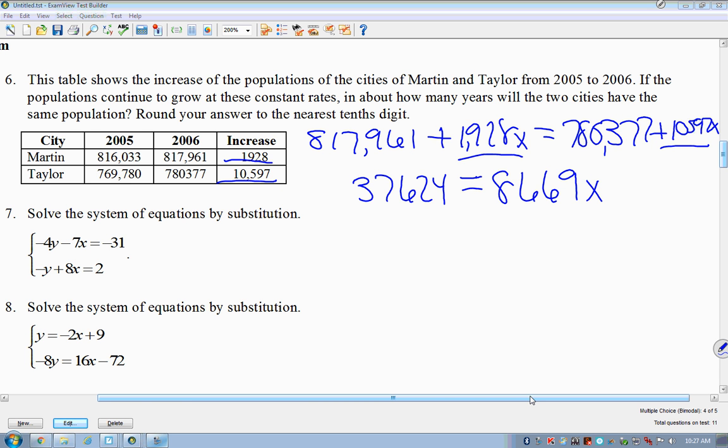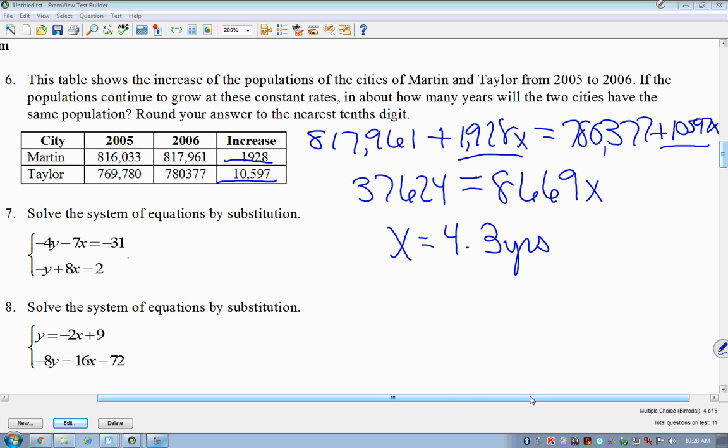So 37,624 divided by 8,669. X equals what? 4 point what? All right, round your answer to the nearest 10th. So 4.3 years is how long it's going to take, because the two equations have to equal each other.